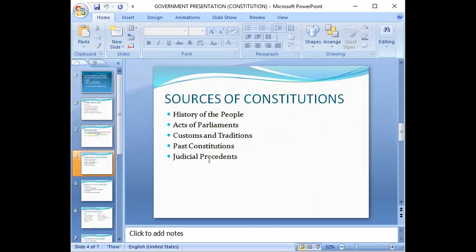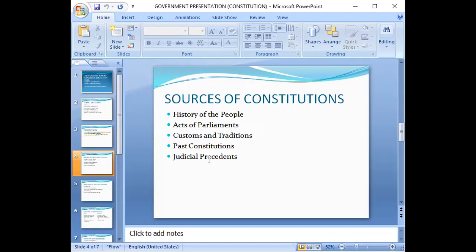Now, sources of constitution. And of course, at this point, it's important to pay attention. So, sources of constitution. We have here history of the people. And when we talk about history of the people, you would agree with me that our history differs as societies because each society has different history it stems from.